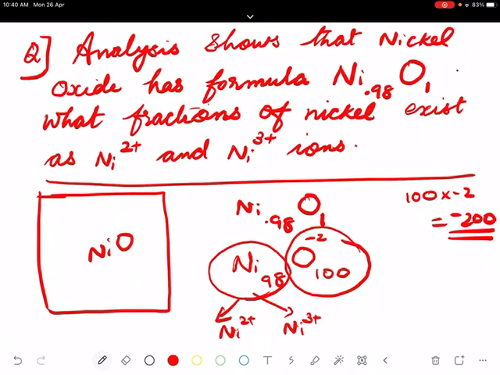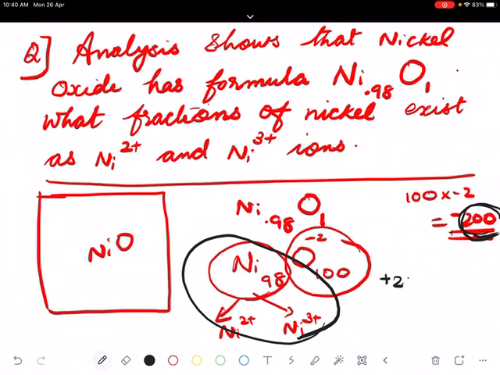So the total positive charge also should be plus 200. This number of negative charges is equal to number of positive charges.